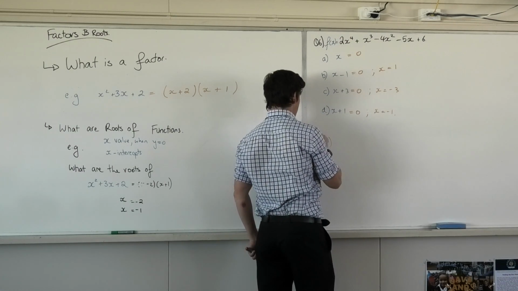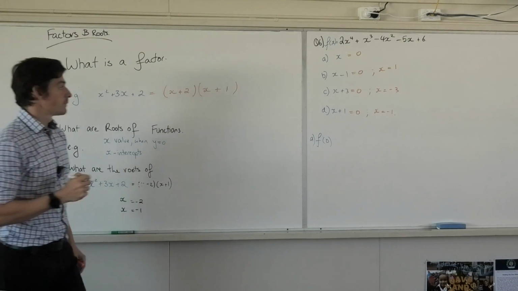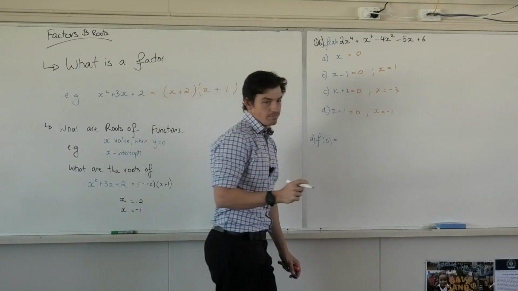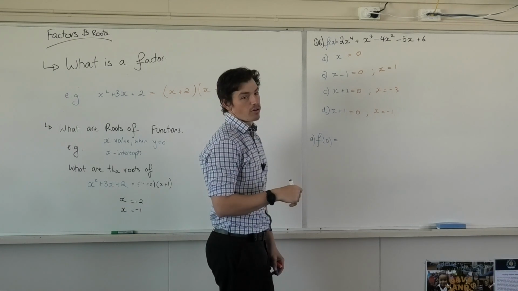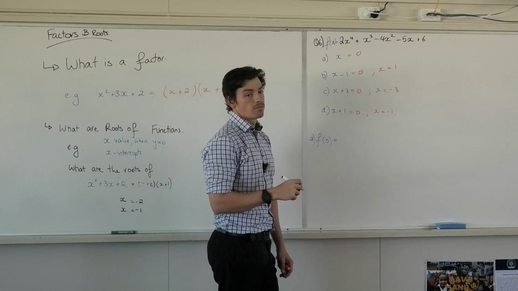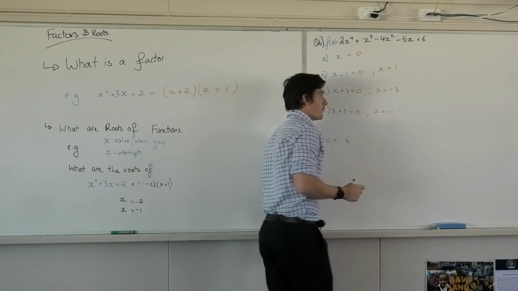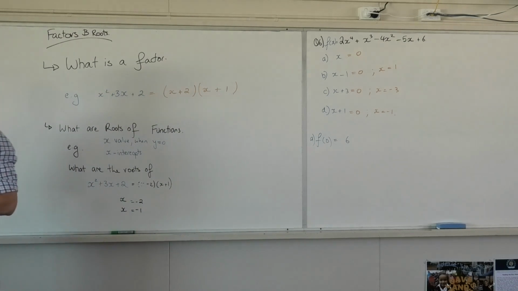So for A, I would let x equal 0. 2 times 0 to the power of 4, plus 0 to the power of 3, what's going to be left behind? 6. So 0 plus 0 plus 0 plus 0 plus 6. Is that a factor? No. What should it equal? 0.